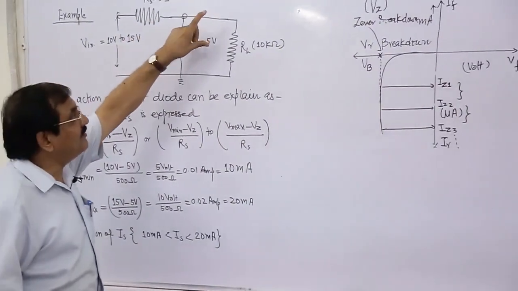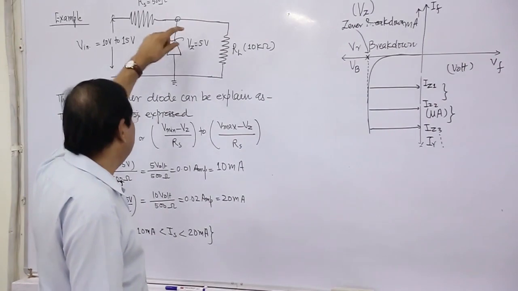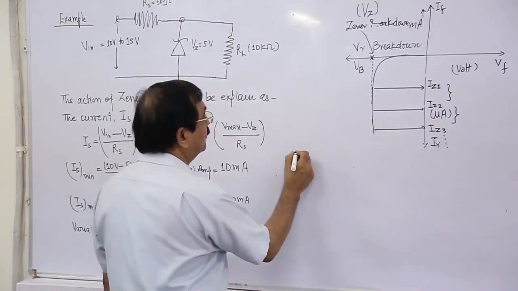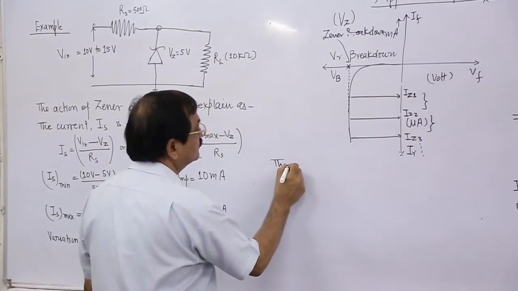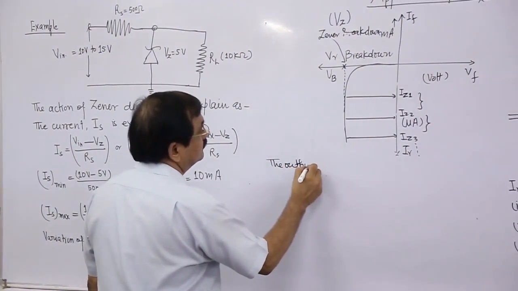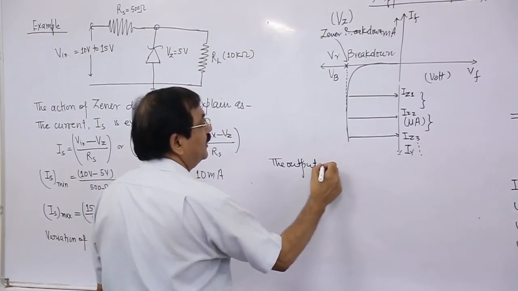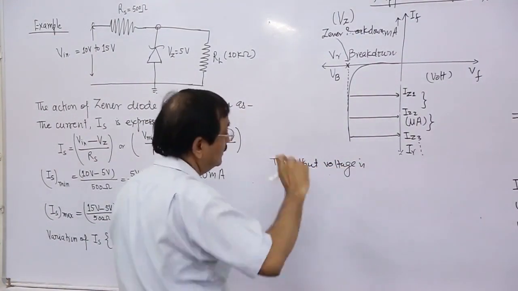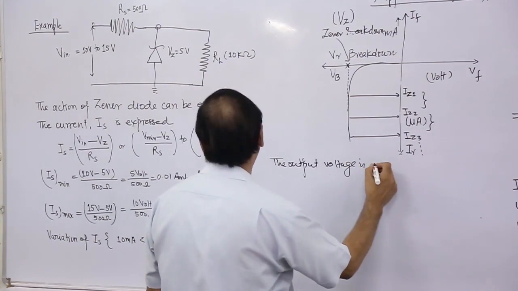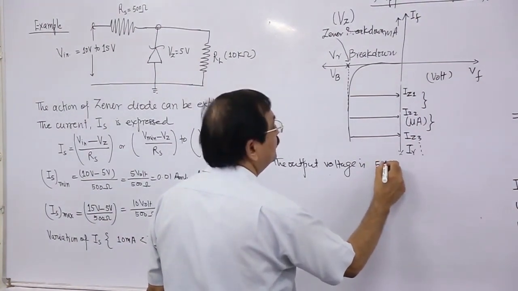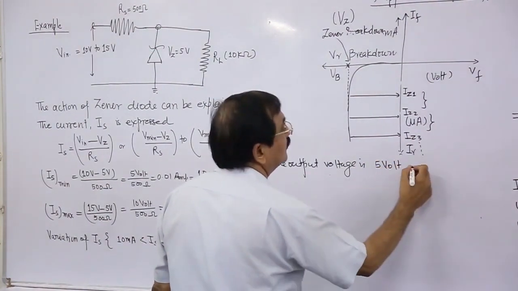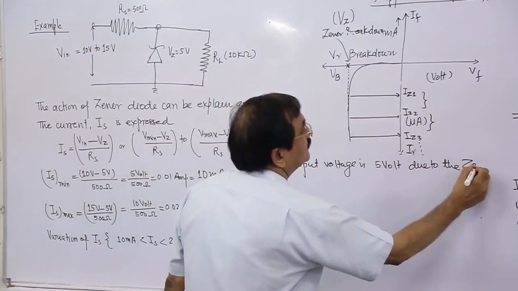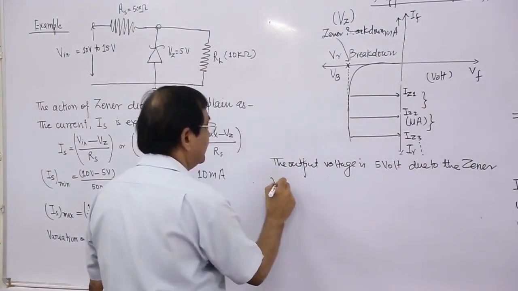In this graph and this circuit analysis, the output voltage is 5 volt due to the Zener voltage.